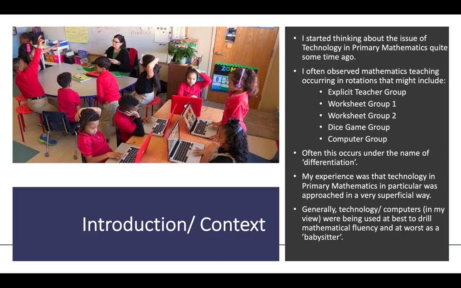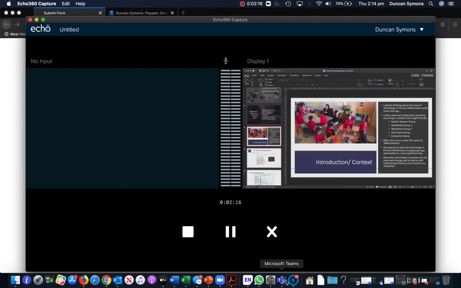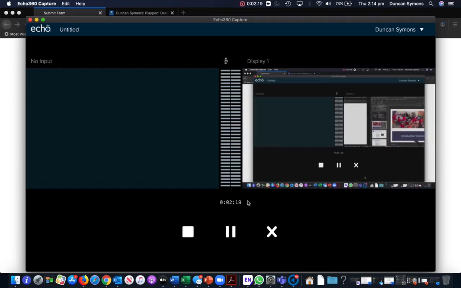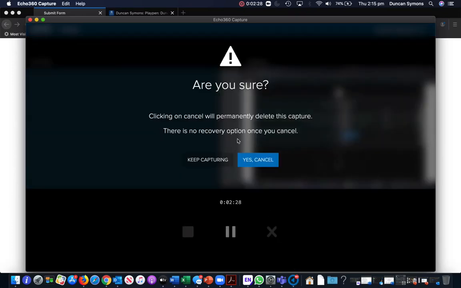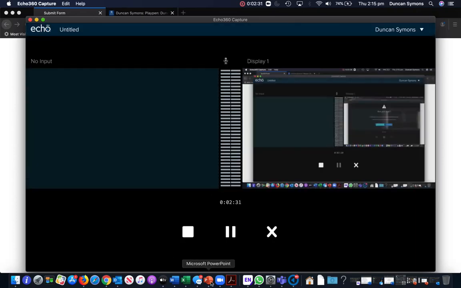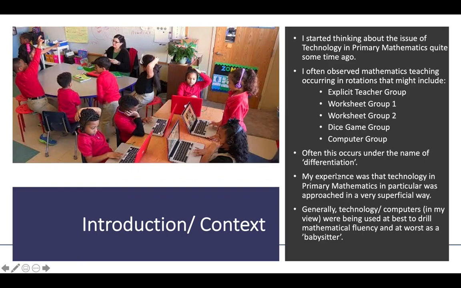The idea behind these sorts of rotations is that teachers see them as a way of offering differentiation within their classes.